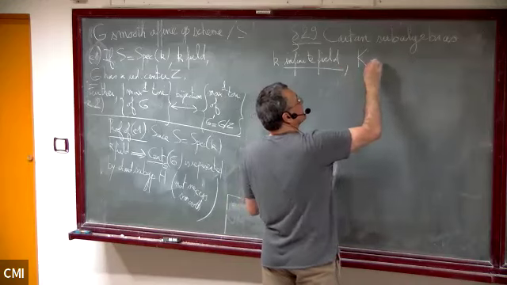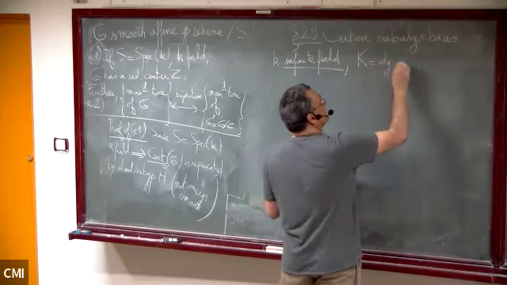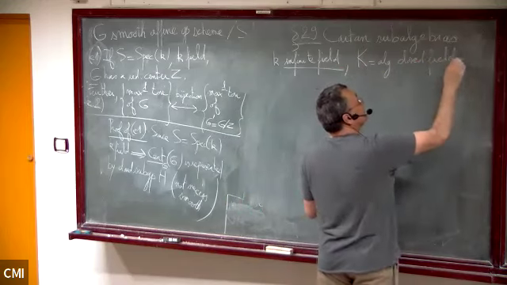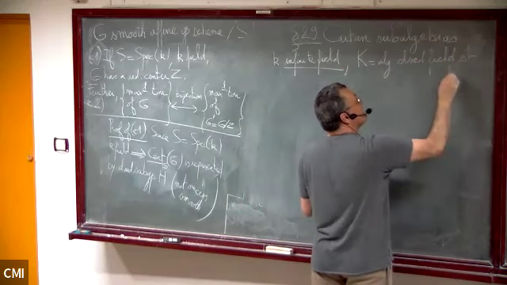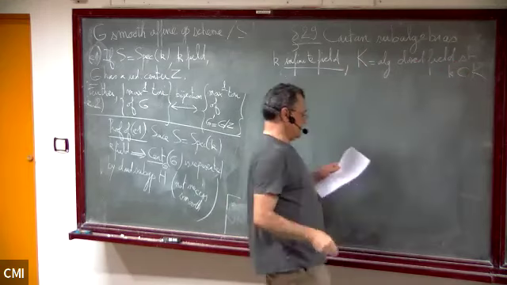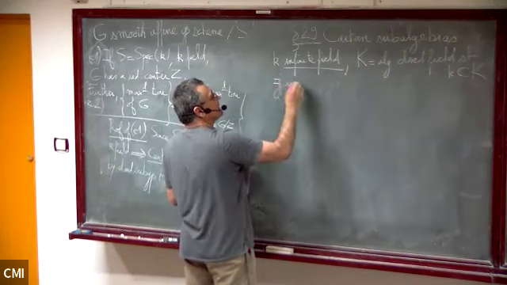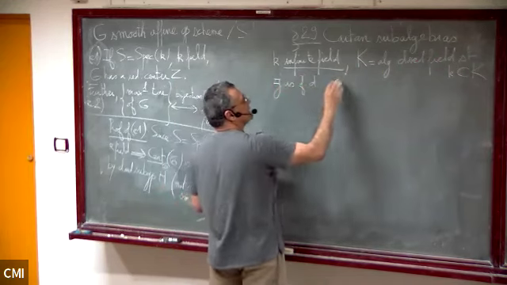Capital K is an algebraically closed field such that k is contained in capital K, and g is a finite dimensional Lie algebra.